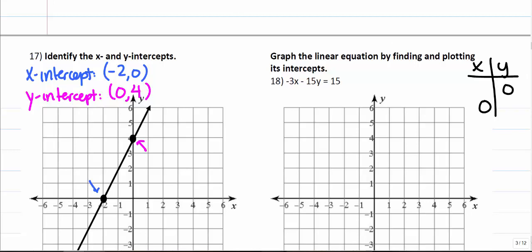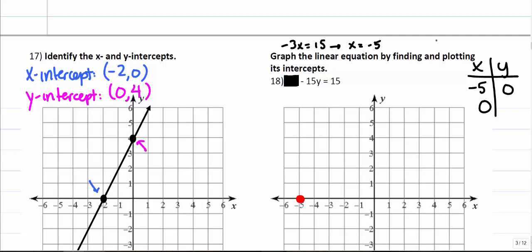So for the first one, if I let y be 0, then I'm just looking at this equation. And so I think, well, -3x equals 15 tells me that x equals -5. So there's my point, -5, 0, which would be right there. Then I go back and I say, okay, if I let x be 0, this goes away.